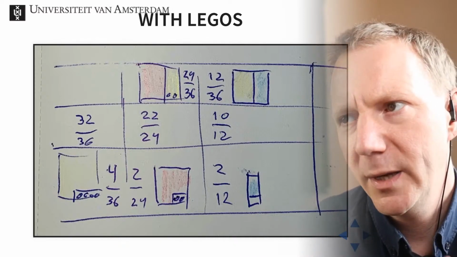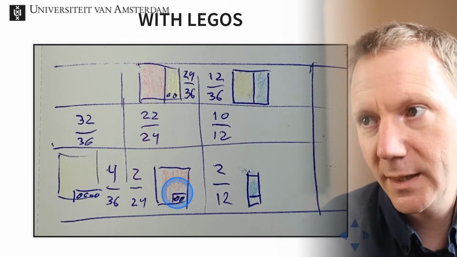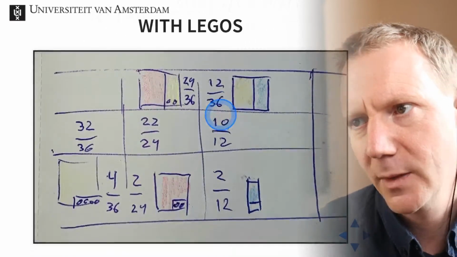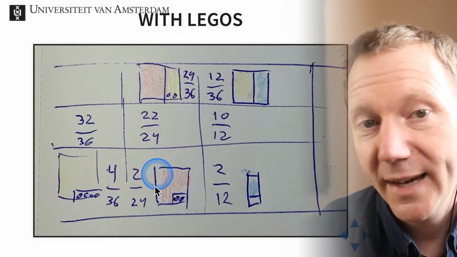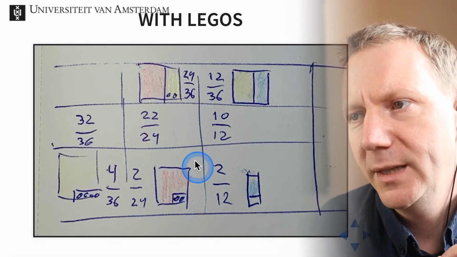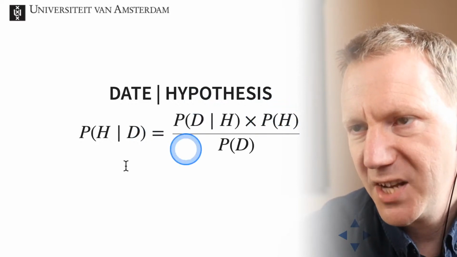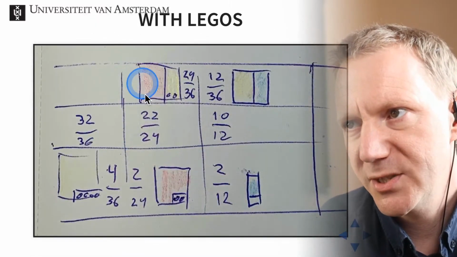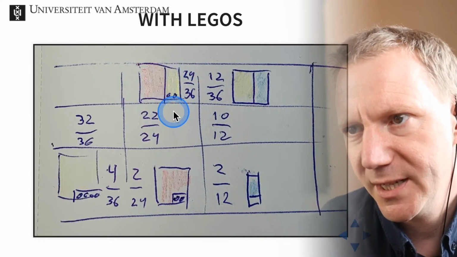So where we would say, well, what is the probability of the data essentially on top of here? What's the probability of the data given this hypothesis? What's the probability of the white peg looking at all the red pegs, the red area? And we need the total, the hypothesis, so the probability of this hypothesis given the entire outcome space. So this one is the red area related to the entire area, so it's 24/36.